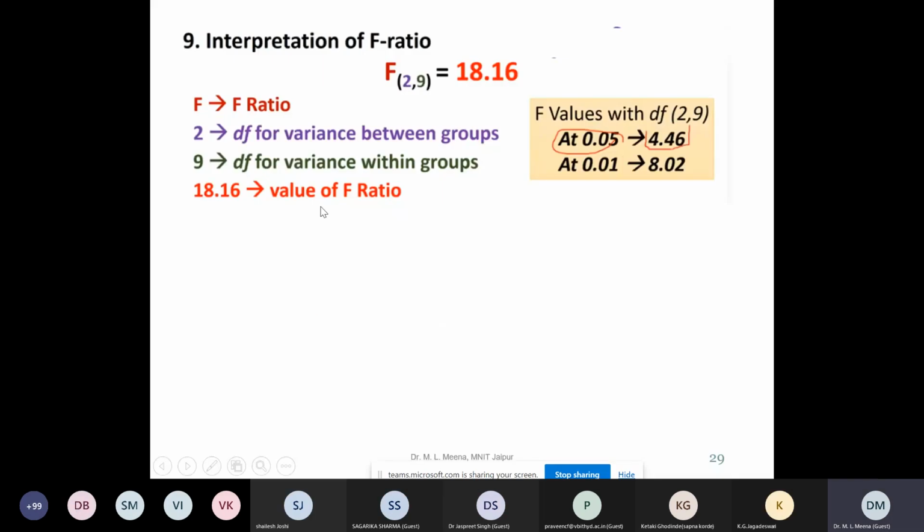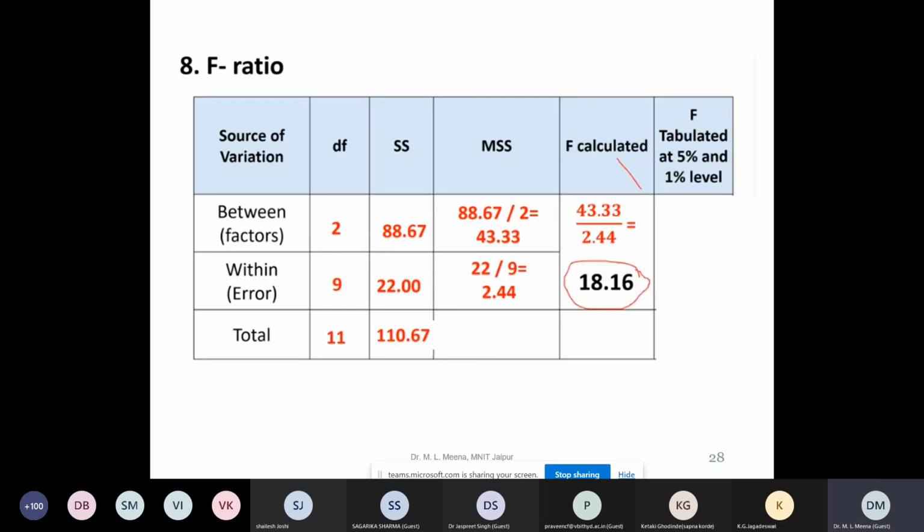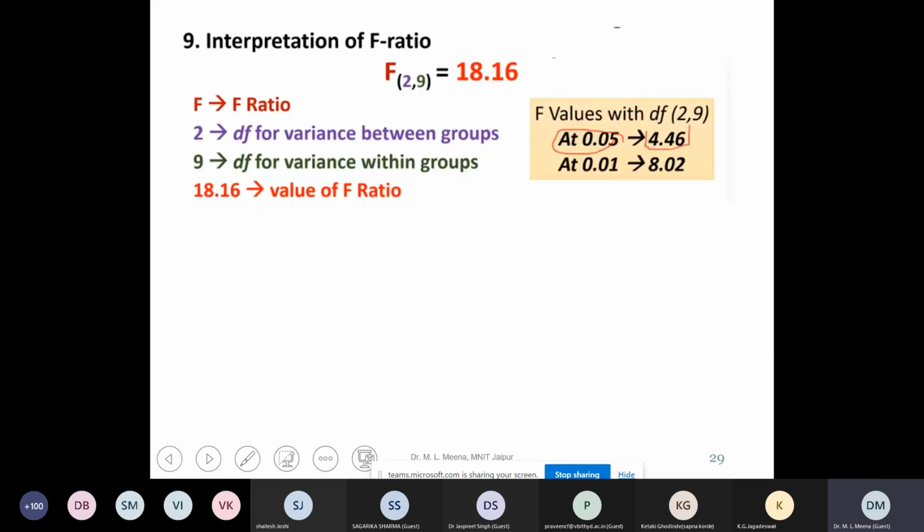In the last step of the one-way table, in this table, find out the calculated value.